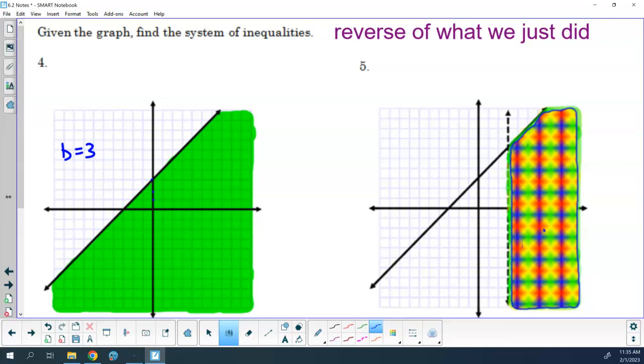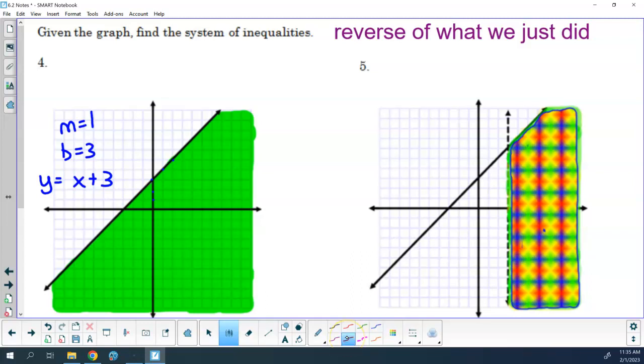It has a slope, a rise over run, of +1. I'm going up 1 and to the right 1. So this line would be y equals x plus 3.